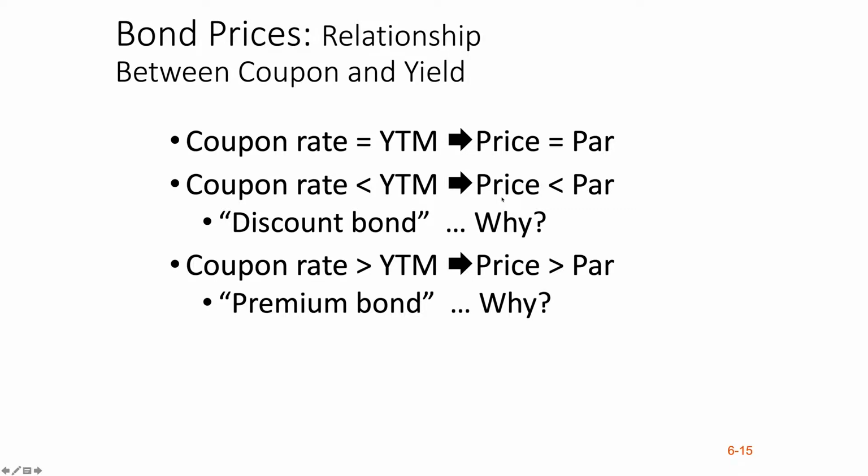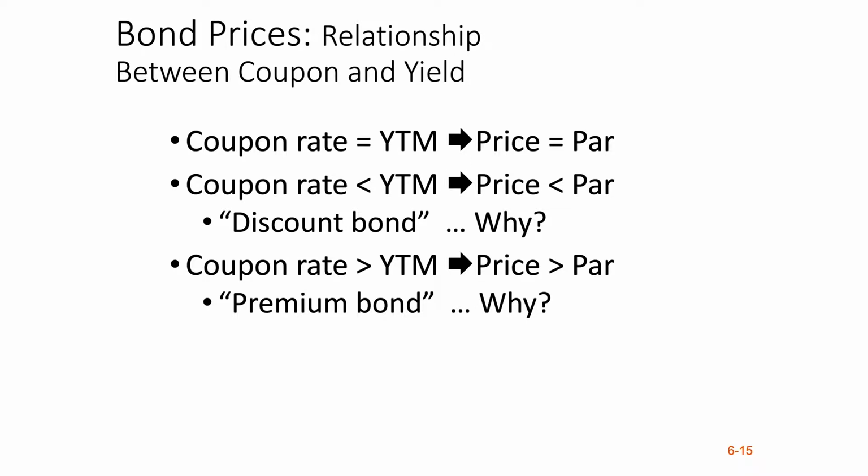It's a discount bond. Why? Because for the current risk class and market condition, if you issue a new bond, it will pay a high discount rate. So since this is already issued and a seasoned bond, the coupon rate cannot be changed, and you sell below par, below $1,000.